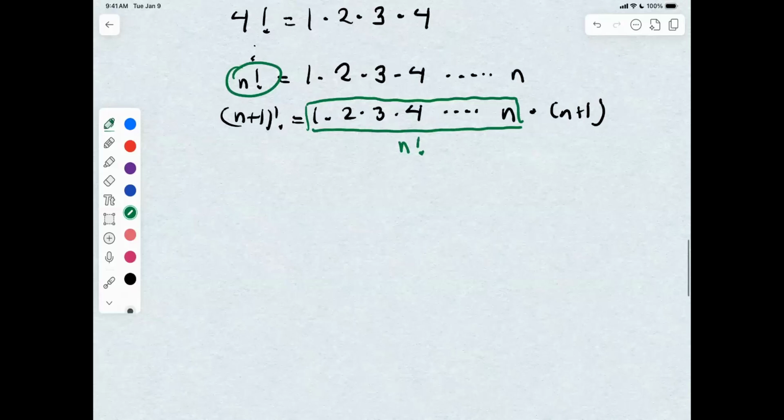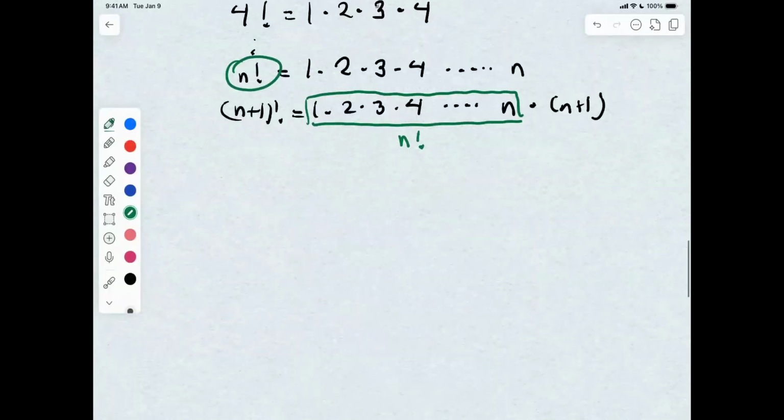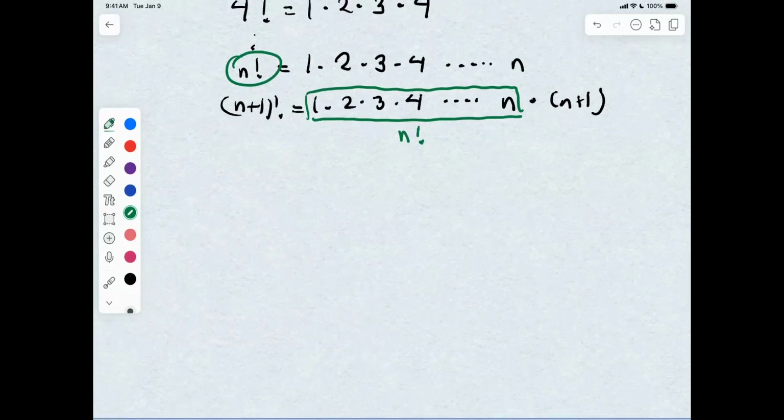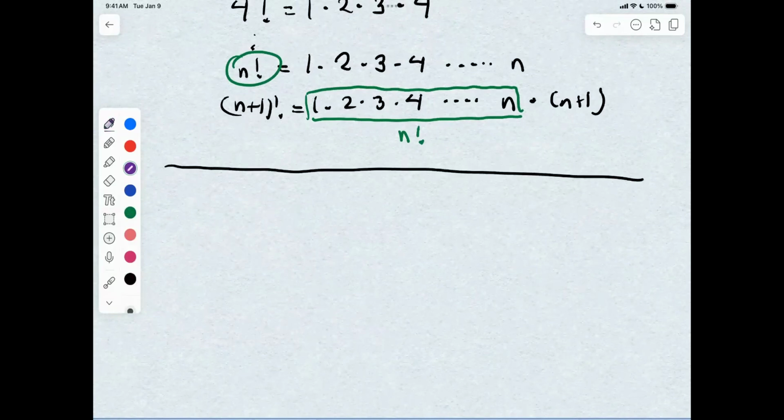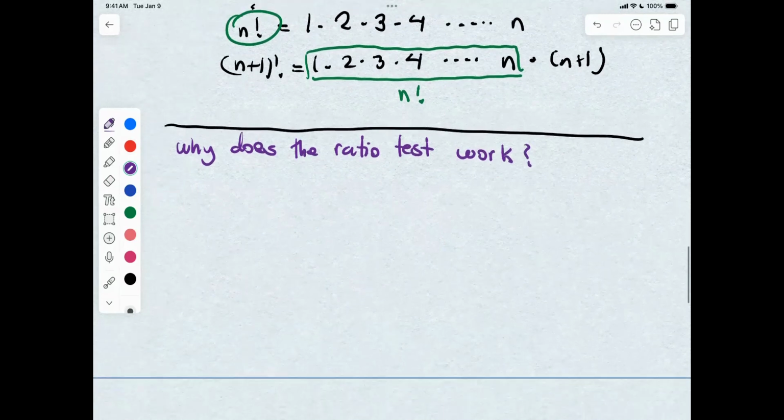So, why does the ratio test work? I'll explain the first possibility, which is the most interesting one.